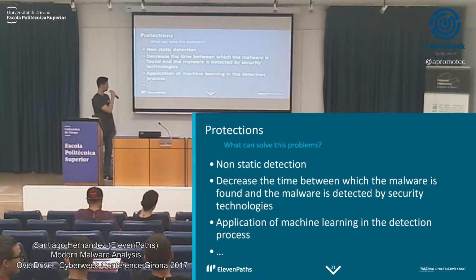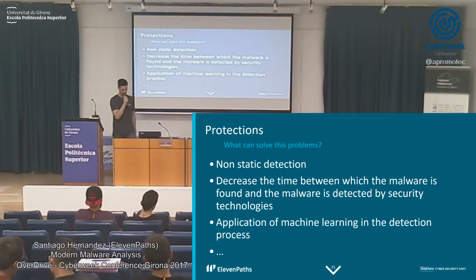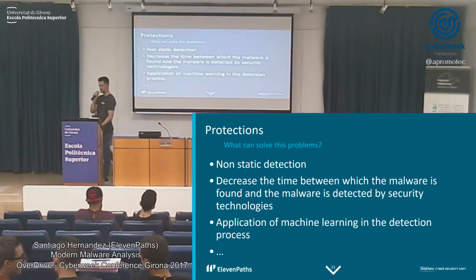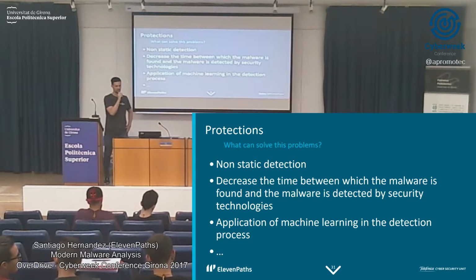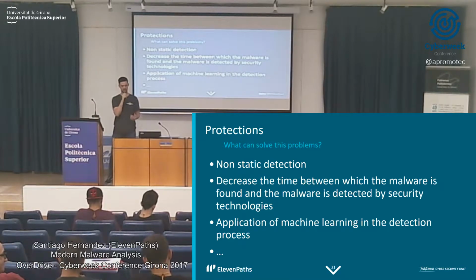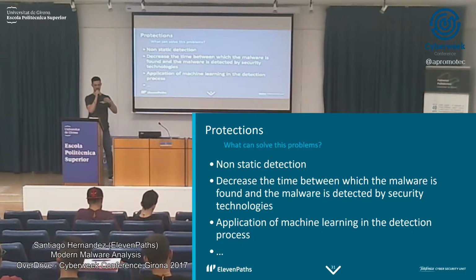First of all, I think that the static protection that nowadays, for example, the AV or the IPS or IDS perform is something that is very, very difficult to maintain, because you have to release all the time some patterns to detect a very concrete malware or a family.